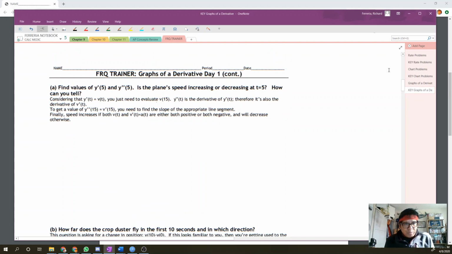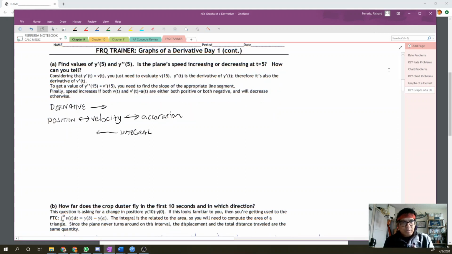We're here to find the values of y prime and y double prime at 5. First of all, I like to think of position, velocity, and acceleration as a chart like this, where if you go in one direction, using the derivative, you get from position to velocity to acceleration, and in the other direction, using an integral, you get from acceleration to velocity to position.